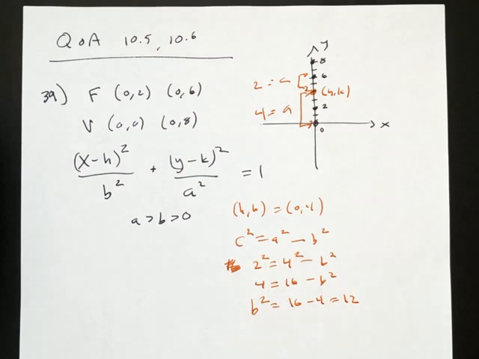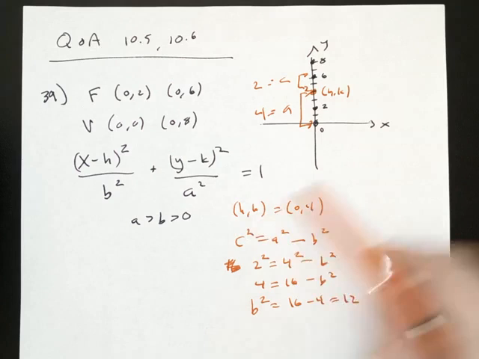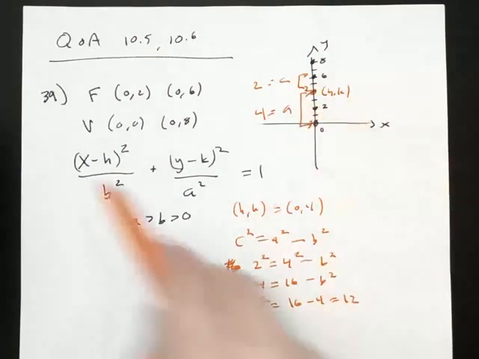So I could take the square root of 12, which is a little bit bigger than 3, right? 3.4-ish. And I could draw that, but it doesn't ask me to draw. It just asks me for the equation, right? Well, now I have h and k and a and b, and I can put everything in here.